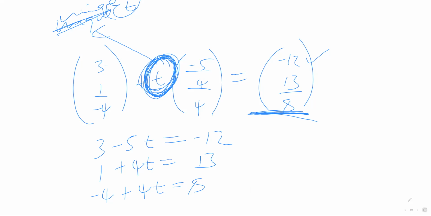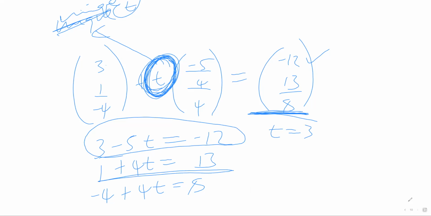So if we are solving this, you can solve it. You see that t is equal to 3, even from here. 13 is equal to 1 plus 4t. You're solving for t, so you take this to the other side, which will be 12, and then 12 divided by 4, you get t is equal to 3.